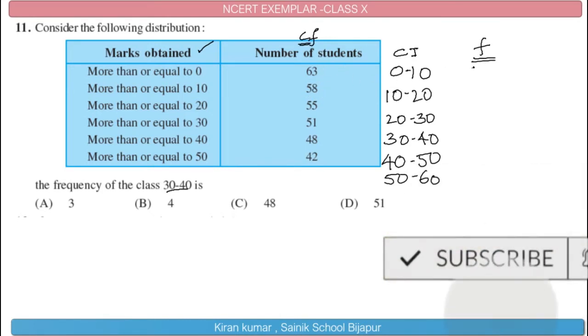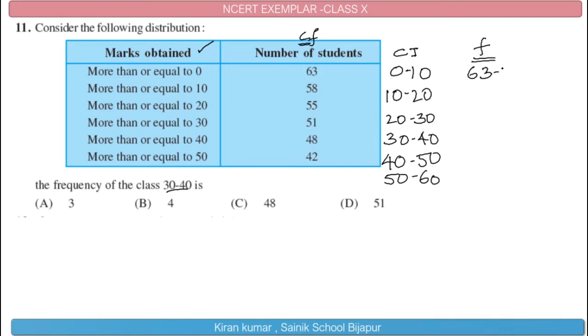To find the frequency, I need to subtract the next cumulative frequency from the previous. I'll get 5 as the frequency for the first class interval. 58 minus 55, 3 is the frequency for the class interval 10 to 20. 55 minus 51, which is 4, is the frequency for the class 20 to 30.